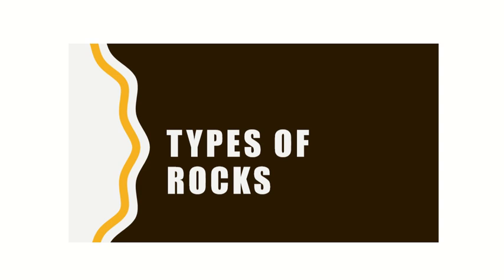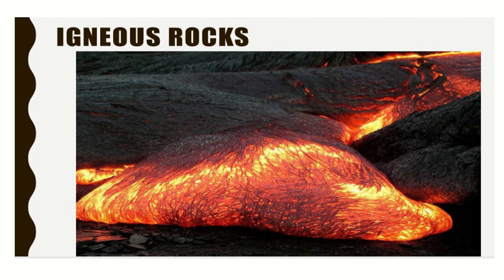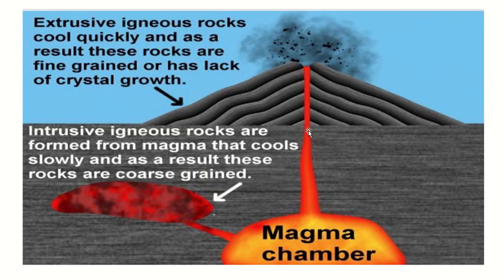Now we can identify the types of rocks present in the earth's crust. First is igneous rock, a rock formed by volcanoes. Due to volcanic eruption, rock gets into a molten state, then it cools and forms a solid formation. This is the igneous rock.